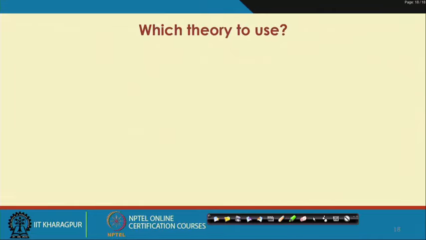Now, when we have discussed all theories together, a question may come up. We understand four different approaches of ethical problem solving, each having its benefits and also restrictions. Now, given a situation, which theory are we going to use?